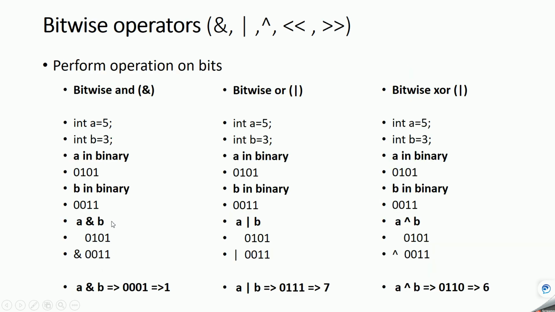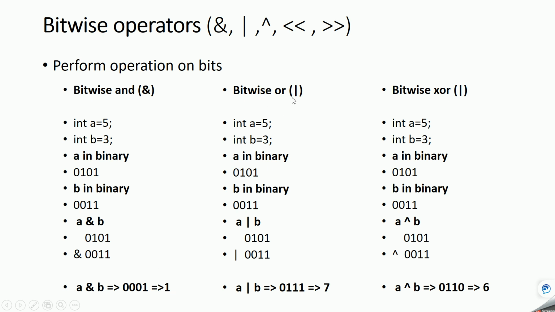In this case, the first bit in both a and b is the same, so it will be 1. But the second bit is different, 1 and 0, so it will become 0. The next is also 1 and 0, so it becomes 0, and then 0 and 0 gives 0. So only if both are 1 will the result be 1. This is what bitwise AND of a and b gives.